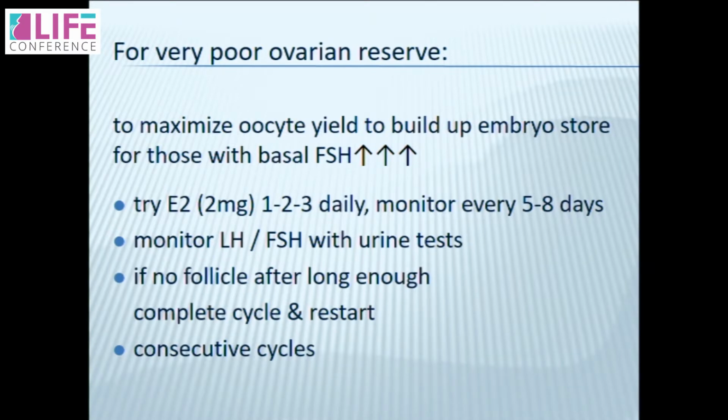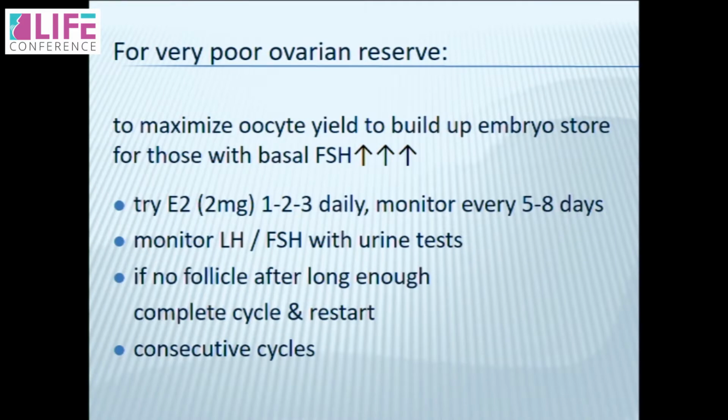And perhaps one should use urine tests rather than blood tests to monitor the LH and FSH status, because you don't really need to know too accurately how much there are, one only needs to be able to categorize them, whether they are above 10, 10 to 15, 15 to 20, etc.